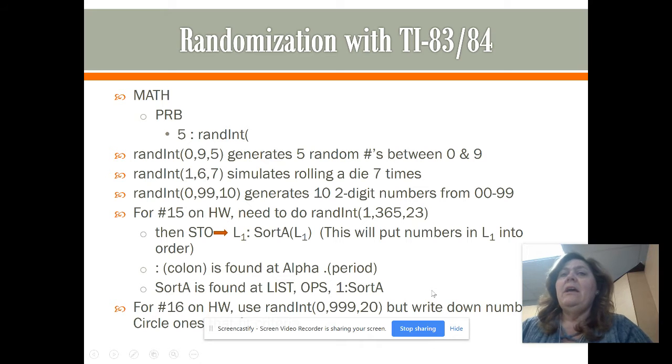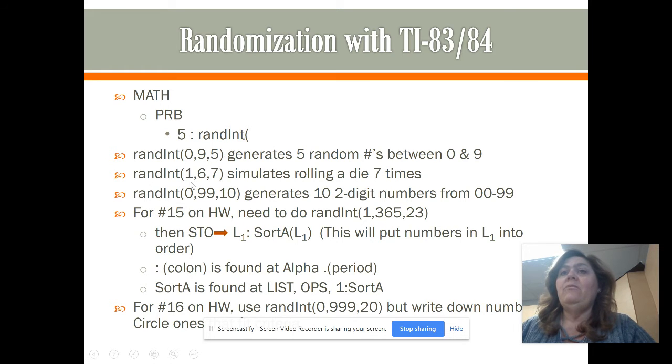We're almost there. I have showed you before how to do this random number generator on your calculator. So you go to the math button, probability 5 is random integer. So remember that that first thing here is get a number from 0 to 9 using those digits and give me 5 of them.